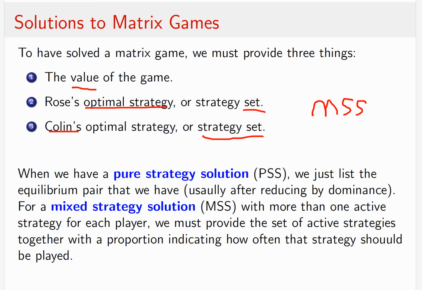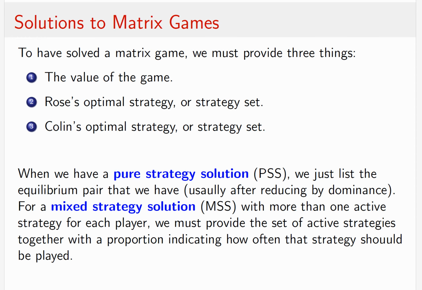So optimal is important too, right? If they're going to be perfectly rational, they're going to have to choose the optimal proportions for the active strategies. Okay, and that's what we'll call a solution to a matrix game. We'll have the game value, we'll have Rose's optimal strategy set, and we'll have Colin's optimal strategy set. Those three things comprise a solution.